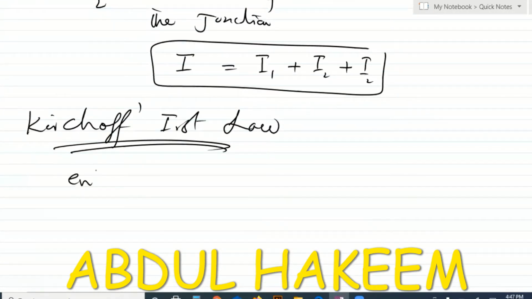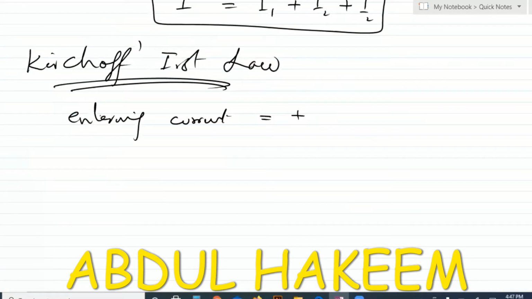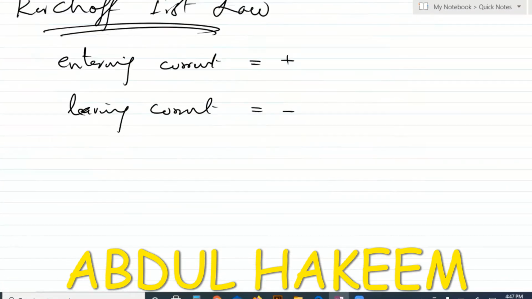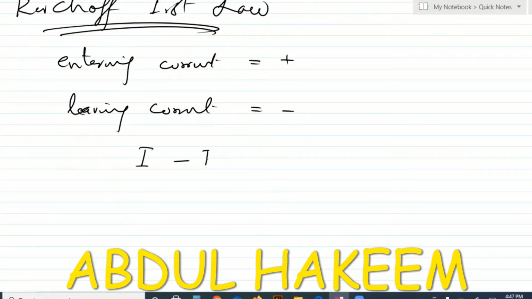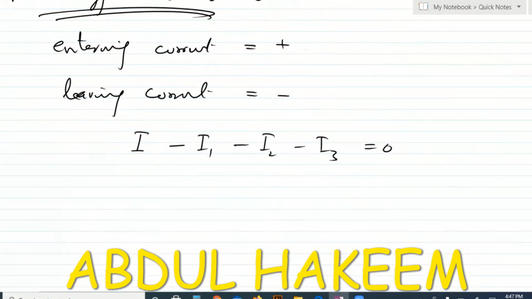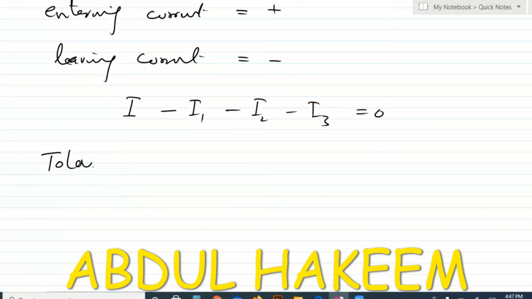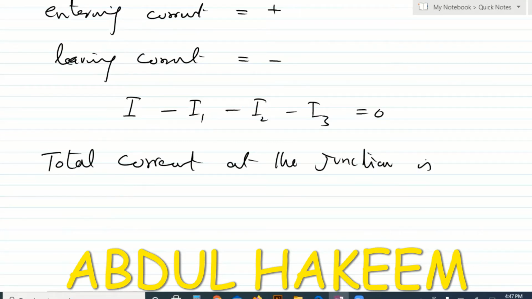If entering current is represented by the positive sign and leaving current is represented by the negative sign, then the equation becomes I minus I1 minus I2 minus I3 is equal to 0, mean total current at the junction is 0, mean the resultant current at the junction is 0.